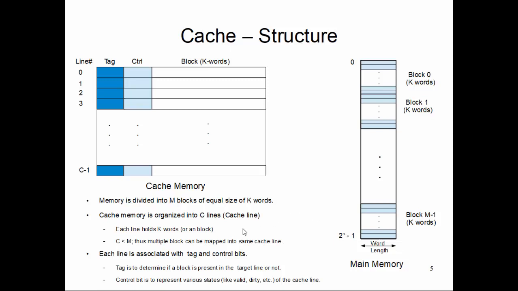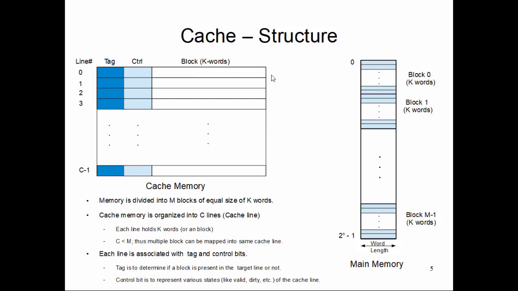Now the cache memory is organized into C number of what we call cache lines. This C is determined by the cache architecture, but let's say it is already predetermined and given that this cache has C number of lines. Each line contains k words, that is, each line contains one block.